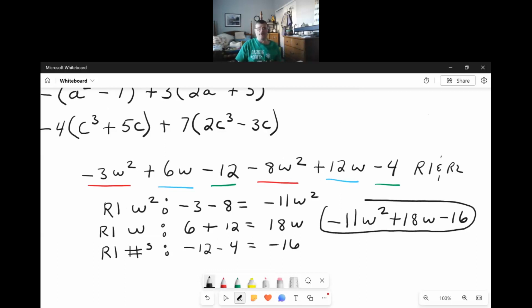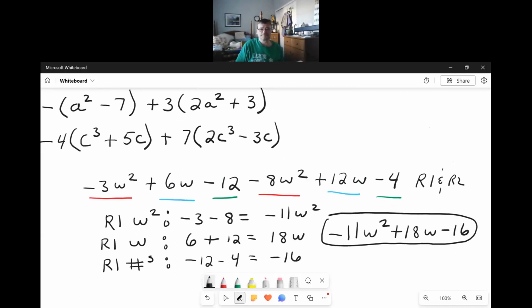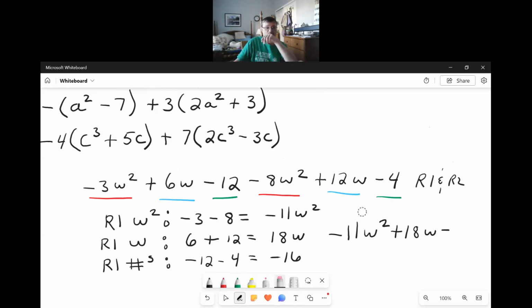That's our final answer for this one. Okay, let's go on and take a look at number 2 for simplifying that expression.